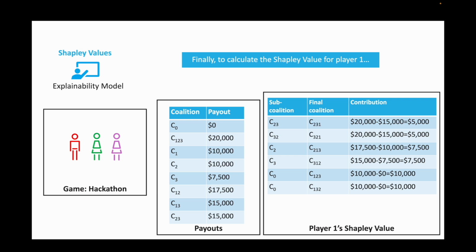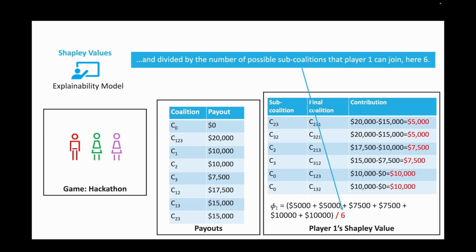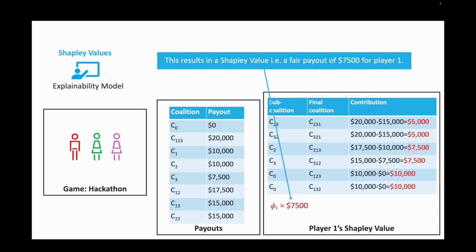Finally, to calculate the Shapley value for player 1, all the marginal contributions to the possible subcoalitions need to be summed up and divided by the number of possible subcoalitions that player 1 can join, here 6. This results in a Shapley value that is a fair payout of $7,500 for player 1.